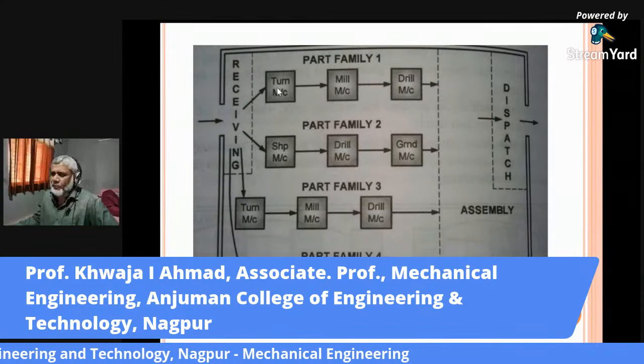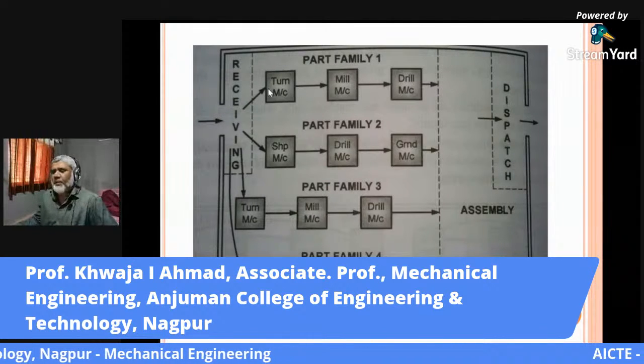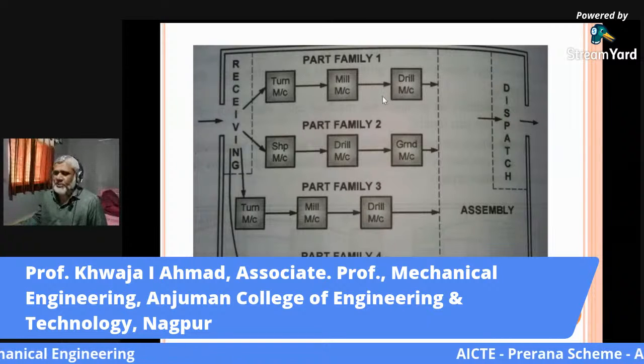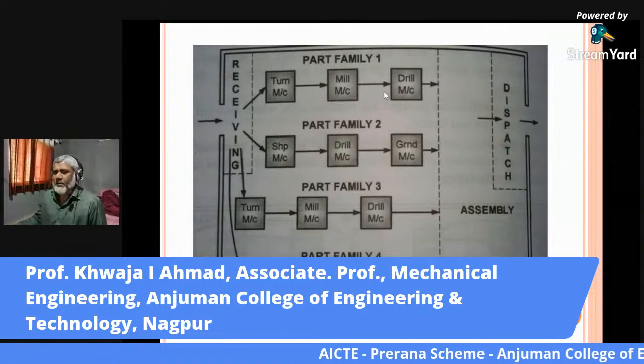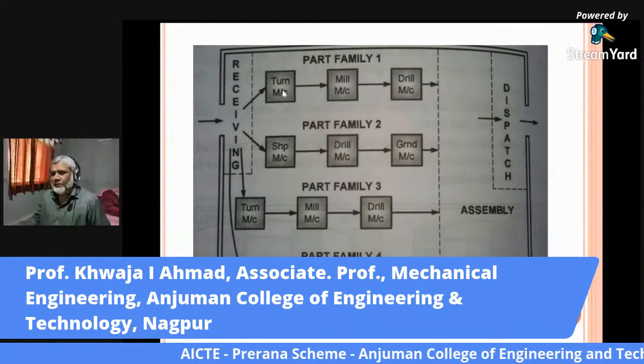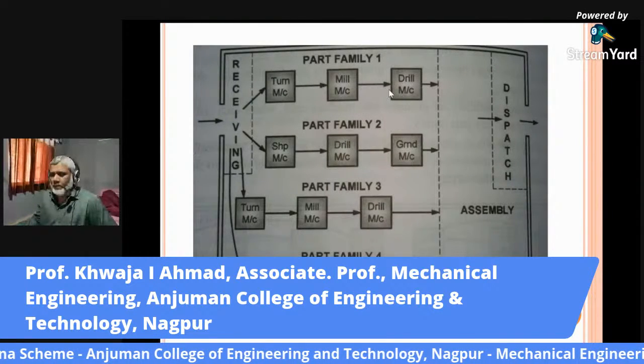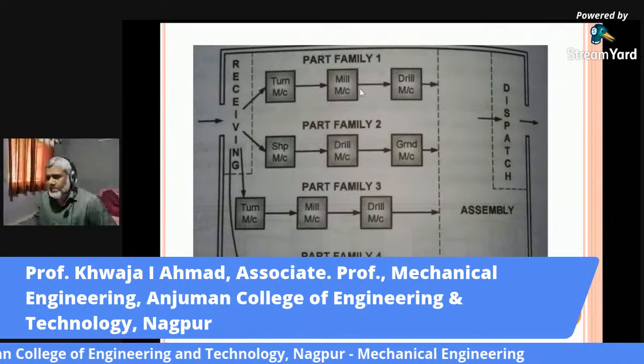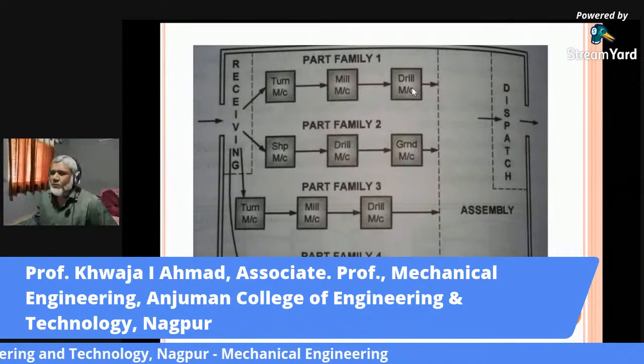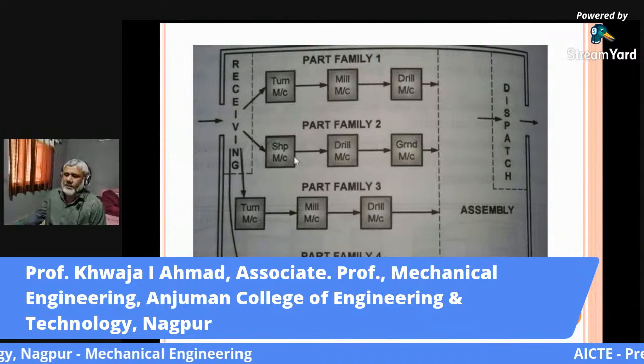They may be processed on all the 3 machines, or on a single machine, as required by the specification or the output design. So they do not have to move from one place to another all over the workshop floor, but will follow a simple path, and that's why the material handling gets reduced.